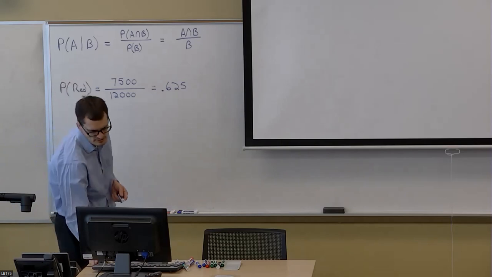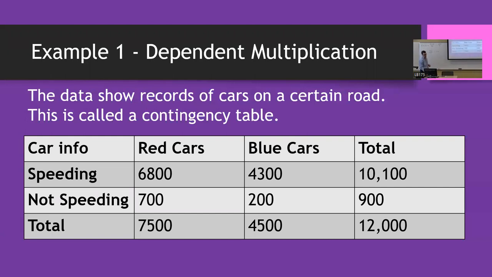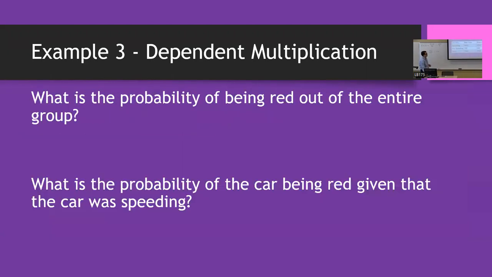But there you go. Now let's take a look at how dependent probabilities would work. It says, what is the probability of being red given that the car was speeding?